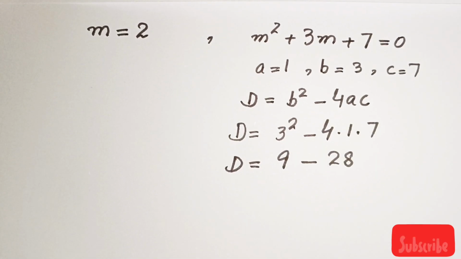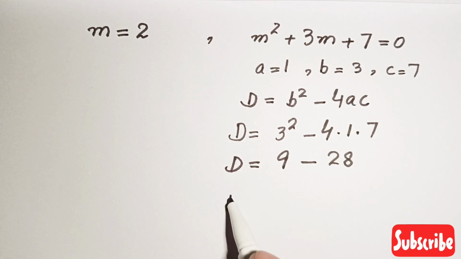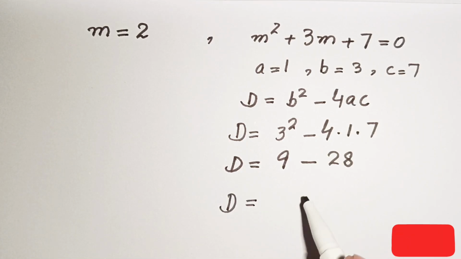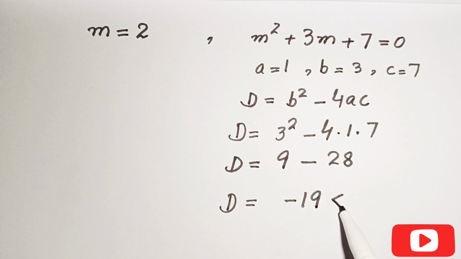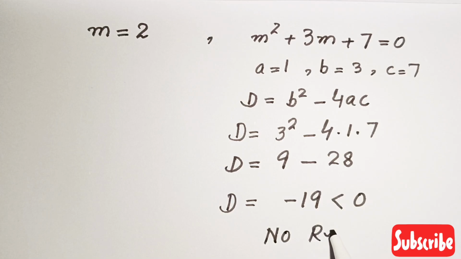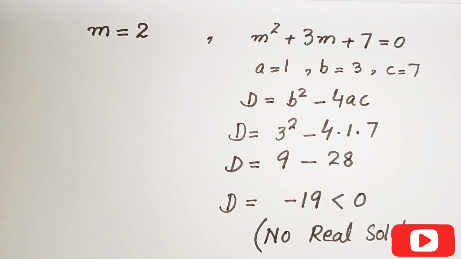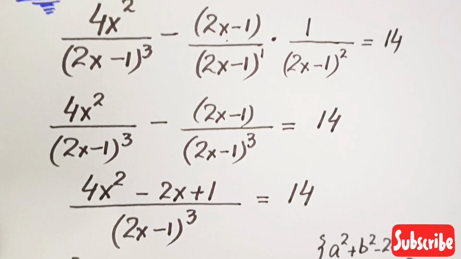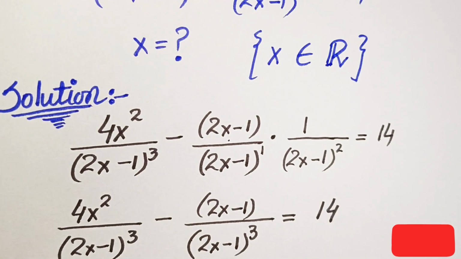Here we see that the discriminant is less than 0, because we get minus 19, which is less than 0. So there is no real solution, and we don't require a complex solution here, because in the given problem we say that x will be an element of the real numbers.